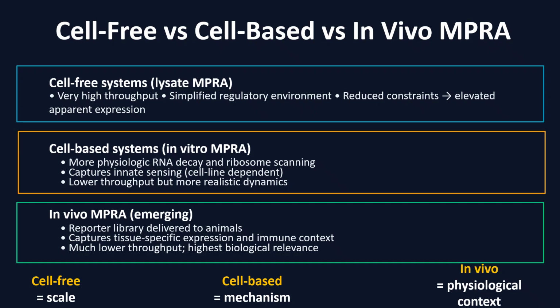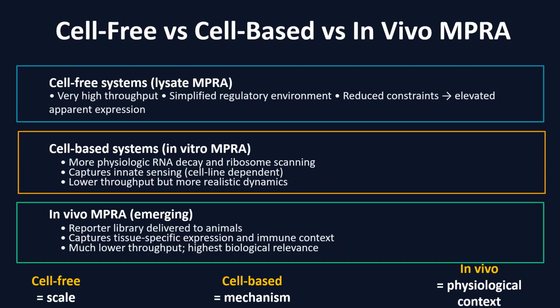And then when it comes to in vivo MPRA, it extends this realism much further. Reporter libraries are delivered into living organisms, and then measurements happen, and they actually reflect a true tissue context.